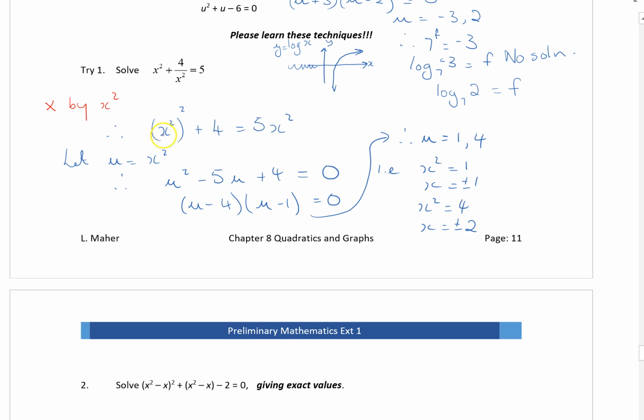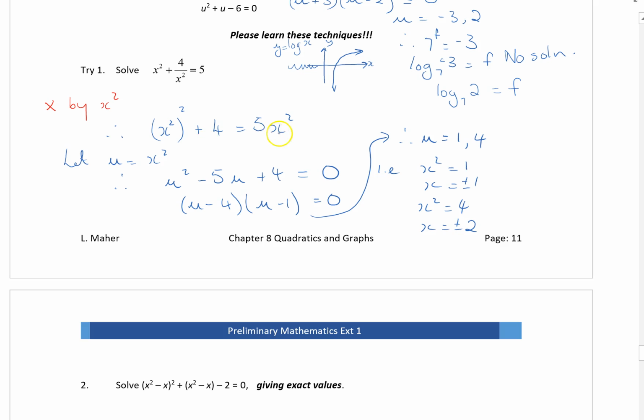Now, the reason being, it's a little bit easier to identify that we've got a quadratic where the variable is actually x squared. So here it's being squared, so let u be x squared, and then it becomes really obvious that it's a quadratic.